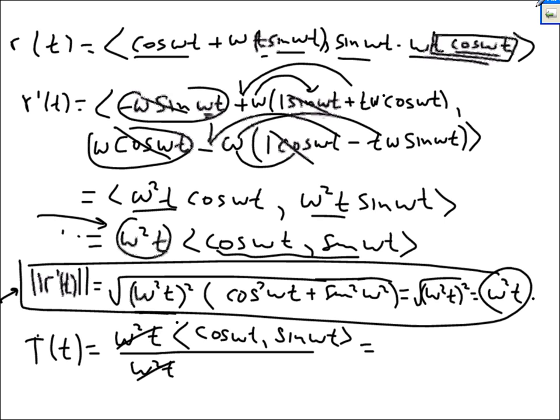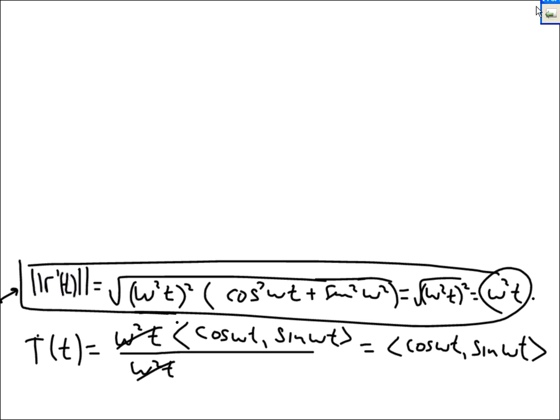We just get cosine omega t, sine omega t. Let me erase most of the top, please. Excuse me.